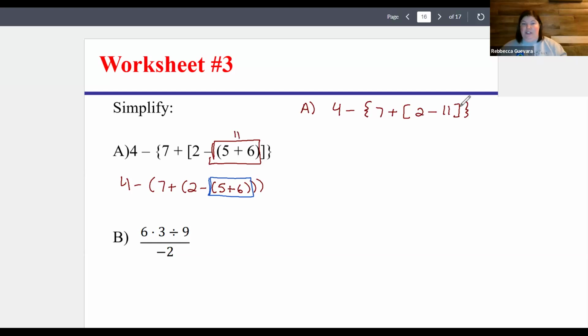So next, we are going to tackle the next innermost part, which is that 2 minus 11. So 4 minus brace 7, and then plus 2 minus 11, which is going to give us, in this case, I'm going to keep parentheses because we're going to get a negative answer. This is a negative 9. We already have this operator out here, so we're going to write it like this to remember that's a negative.